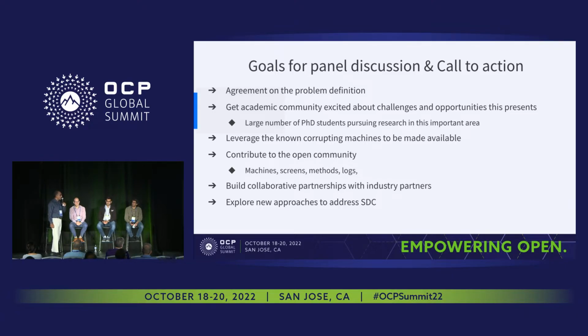And then build collaborative partnerships with industry and the academic community. The vendors can't do it on their own. These are very, very hard problems. So we need the entire community engaged in sharing what we are learning, where the black boxes are that we need to poke further into, and how we engage the best skills to address this problem. And we really need to explore new approaches to STC.